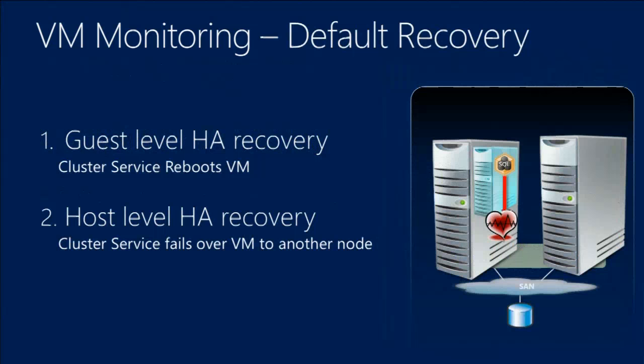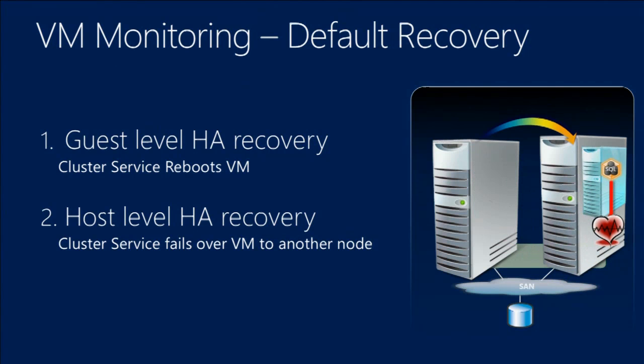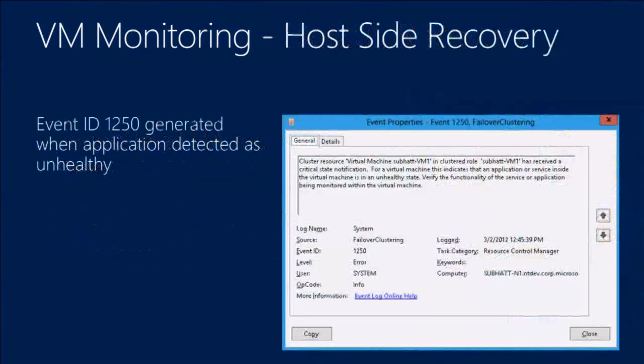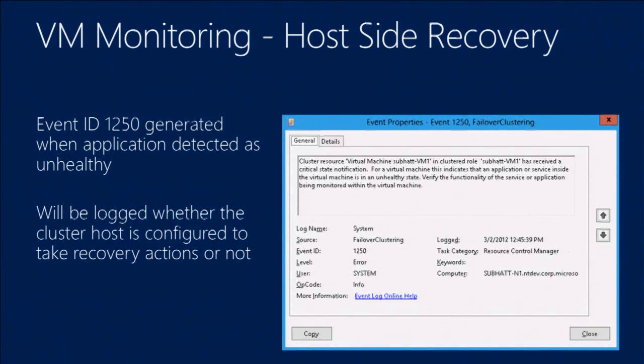Just to reiterate our default recovery mechanism: in the beginning, your first recovery is at the guest level, and then for a second VM monitoring failure, the recovery is at the host level. As I mentioned, we generate event 1250 on the host cluster when we detect an app critical state. This event is going to get logged whether or not you have default recovery enabled.